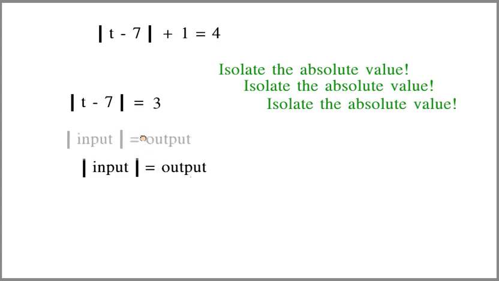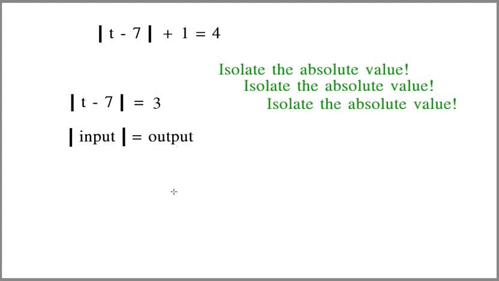In other words, I want to look at the absolute value in terms of function notation and inputs and outputs. I'm going to call what I put inside my absolute value the input, and I'm going to call what comes out of it the output. In other words, really what I'm going to do is graph this function right here. Before I do that, though, I know, of course, that normally we write y to the left.